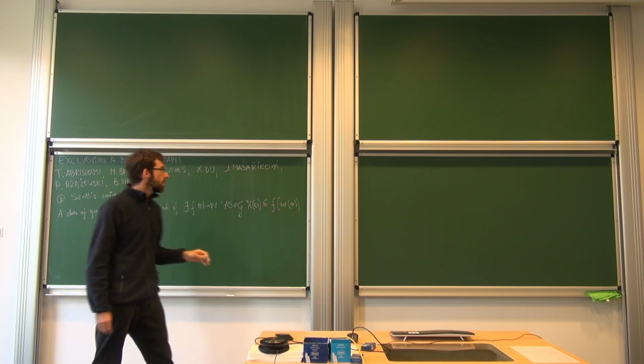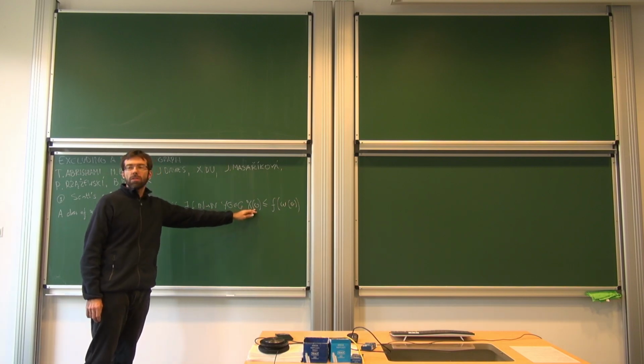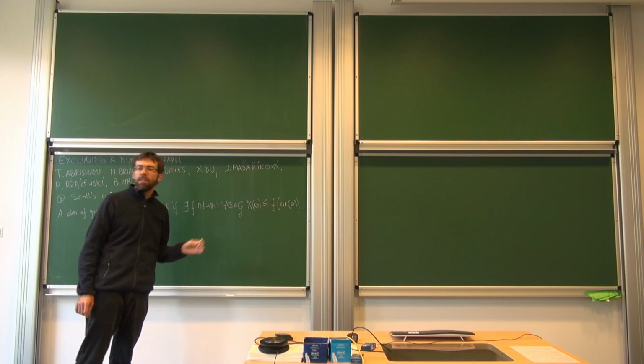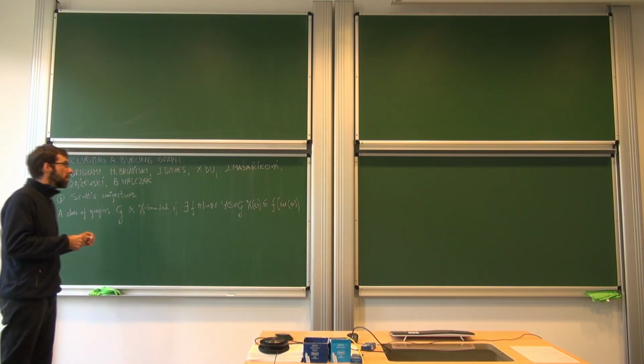So I'm going to use standard notation, the Greek letter chi for the chromatic number of the graph, omega for the clique number, which is the maximum size of a clique in the graph.